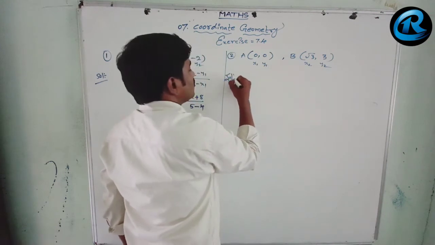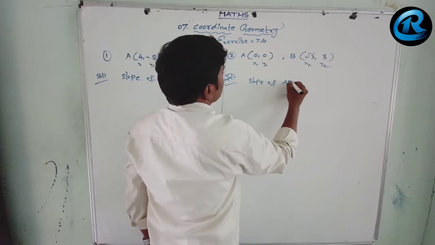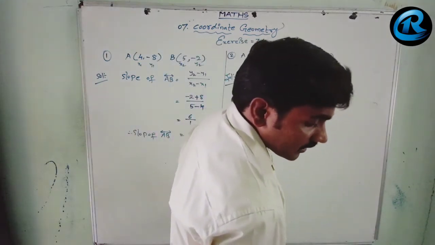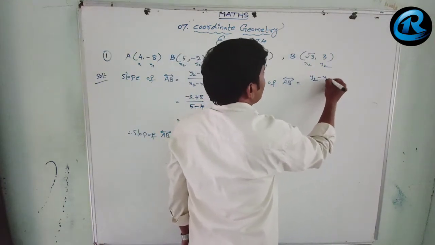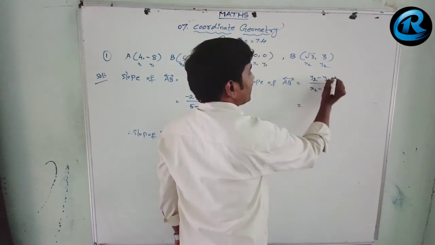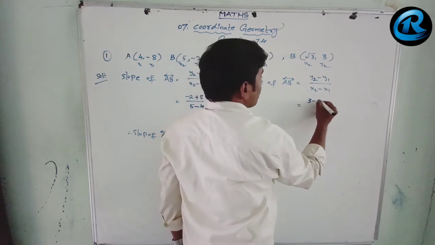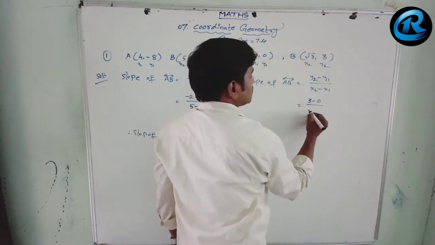Let us find out the slope of line AB. The slope of the line is equal to y2 minus y1 by x2 minus x1, which is 3 minus 0 by root 3 minus 0.